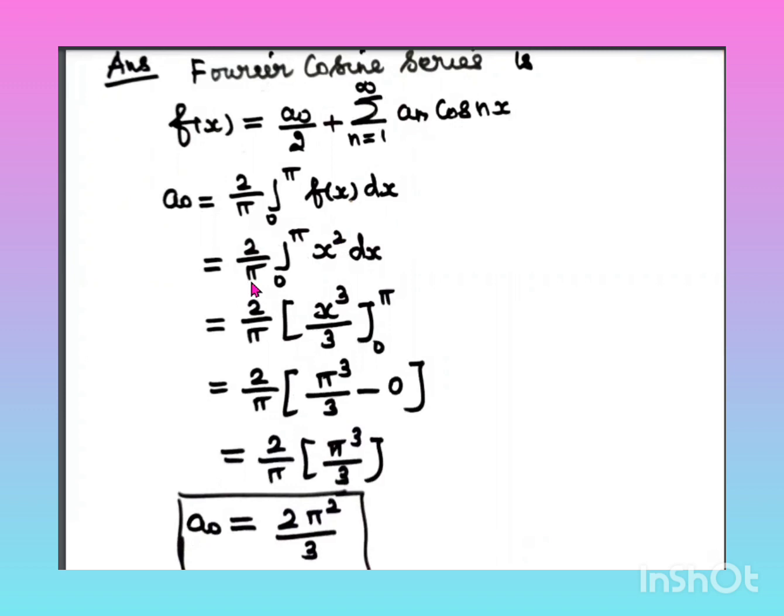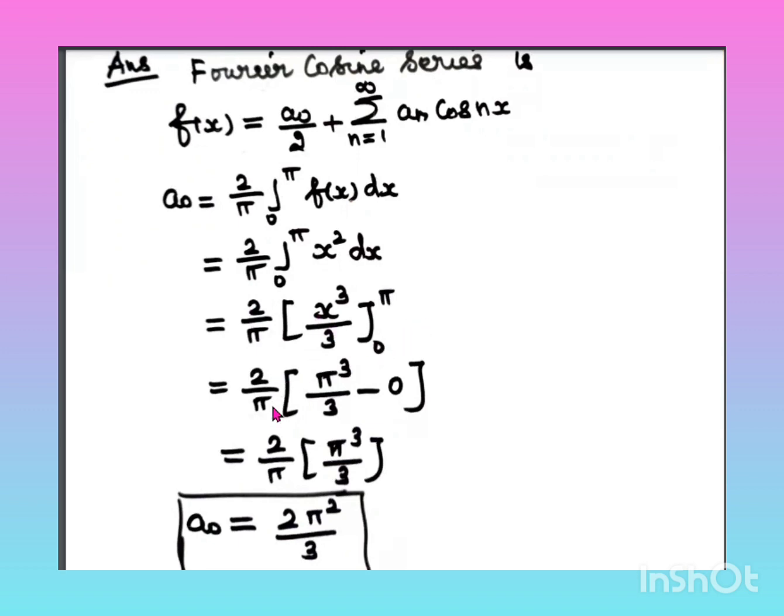So 2 divided by pi integral 0 to pi x square dx, which is equal to 2 divided by pi, x square if you are integrating, x cube by 3. So the limit is 0 to pi. For x, you have to apply the upper limit, minus for x, you have to apply the lower limit 0.